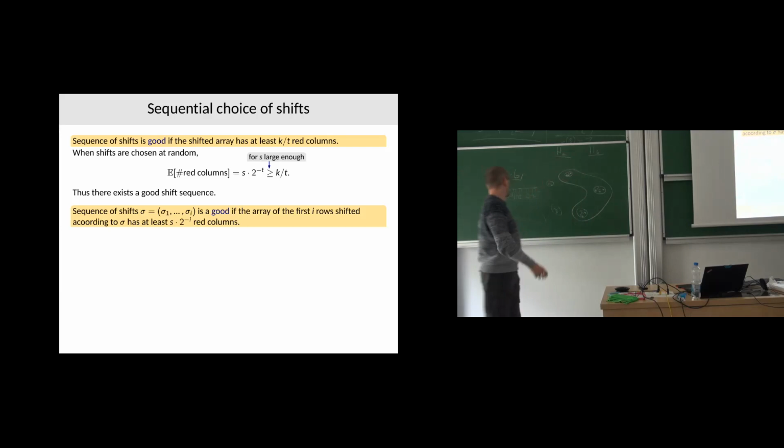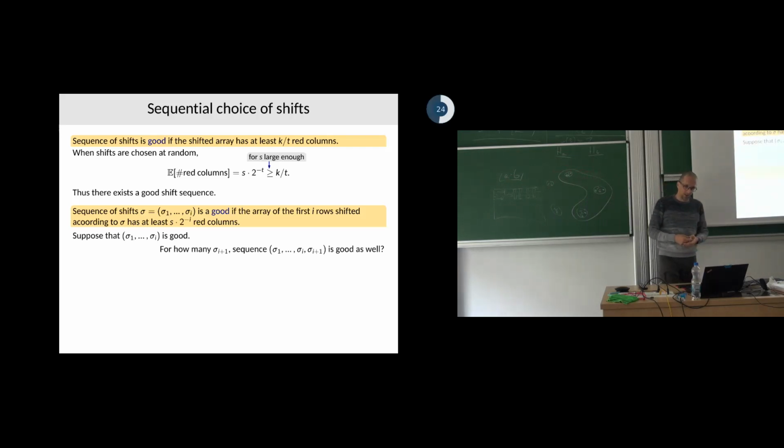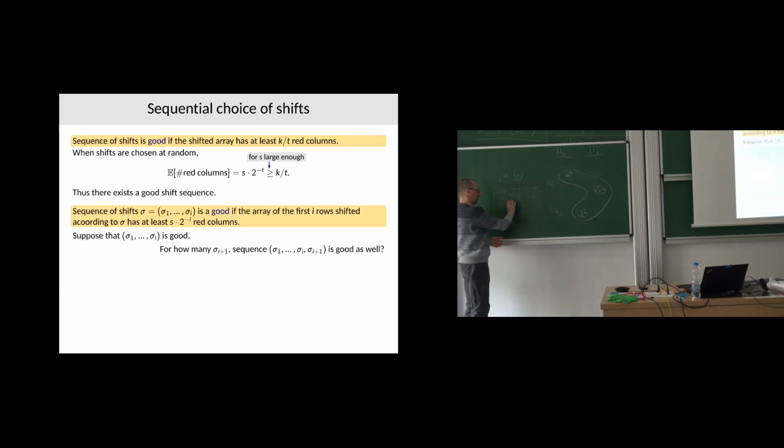Okay, so this is good. A good prefix of a shift sequence is a prefix in which the number of monochromatic red columns is at least the expectation. Now we can suppose that we have such a good shift sequence, and ask how many shifts are good to extend it. So we have some choices for the next one, right?